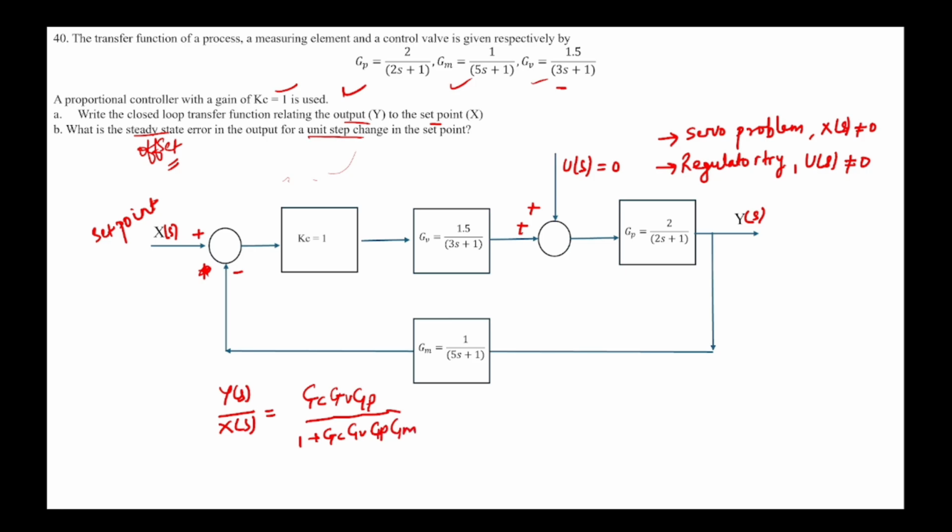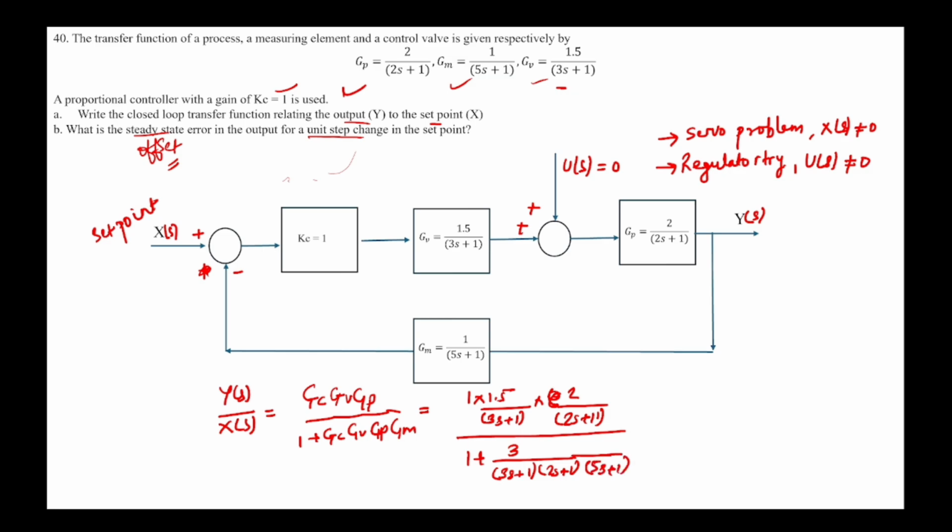Putting all the values, Kc is 1, GV is 1.5 upon 3S plus 1, into 2 upon 2S plus 1, divided by 1 plus 1.5 into 2, that is 3, upon 3S plus 1, 2S plus 1, into GM, which is 5S plus 1.